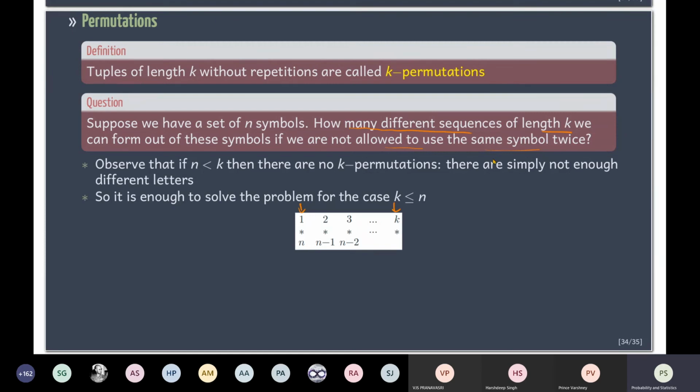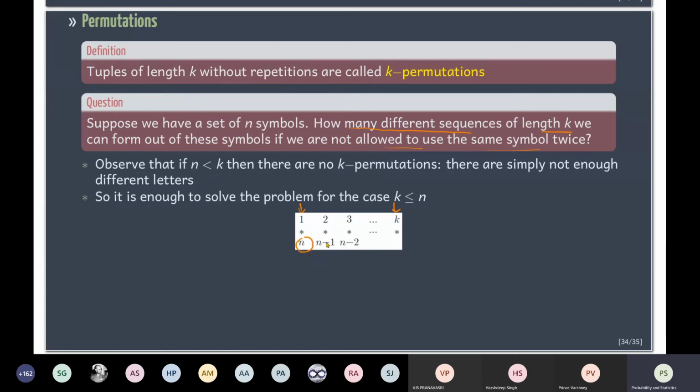So this is permutation again, basic stuff. We have k places to fill, and we have n symbols in hand, with n greater than or equal to k. We will see the case where n can be less than k later, but let us assume that k is less than or equal to n. For the first place, I have all the freedom to choose any of the n.